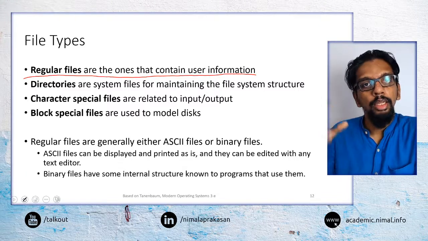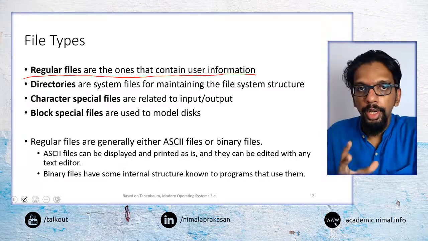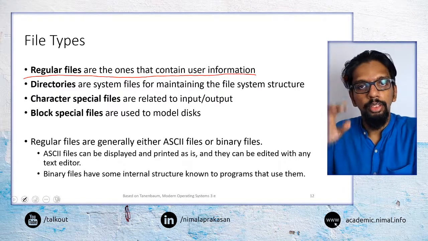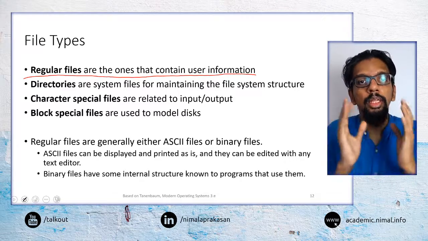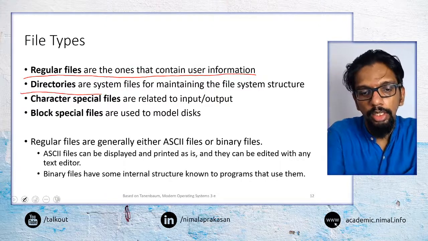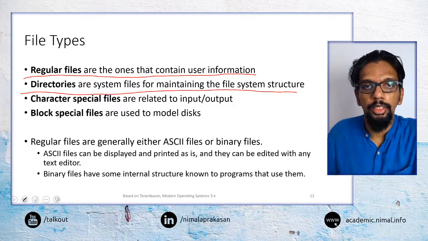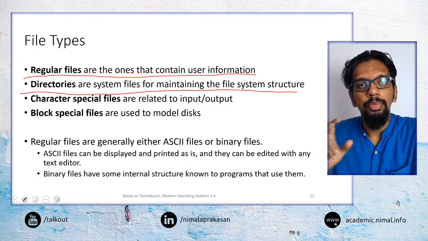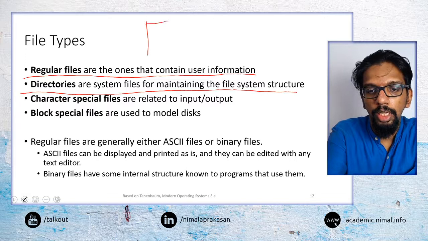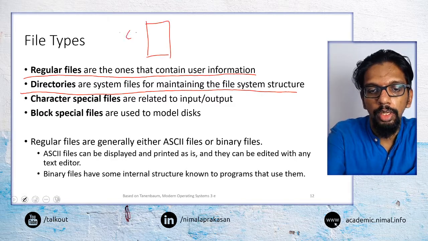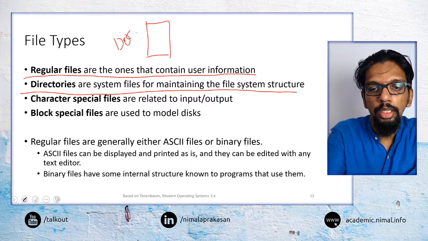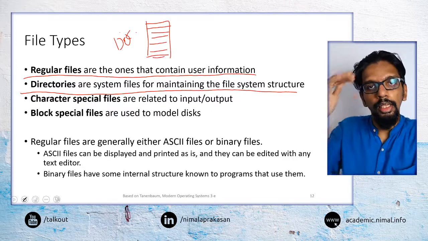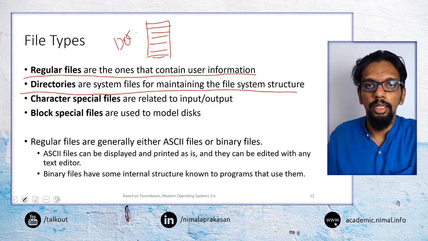Then beyond that, underlyingly, the operating system itself is going to use certain files to hold the information about directories. So directories or folders in an operating system are essentially files that have the information about a directory. When we say a directory called documents, it is basically a list of files, saying these are the files that are stored inside the directory.